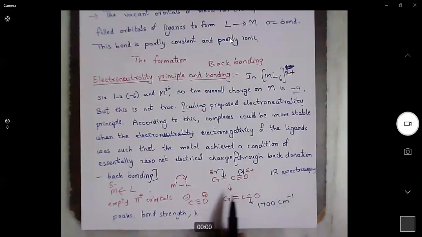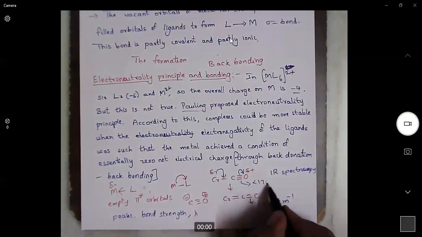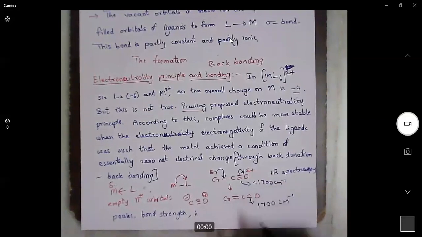If it is C triple bond, it has to be observed below 1700, maybe 1400 or 1000, something like that. But if back bonding occurs, we will have a double bond. So in IR spectroscopy, we will get a peak at 1700 centimeter inverse. This is how we can explain back bonding.